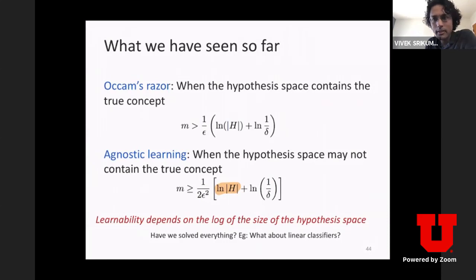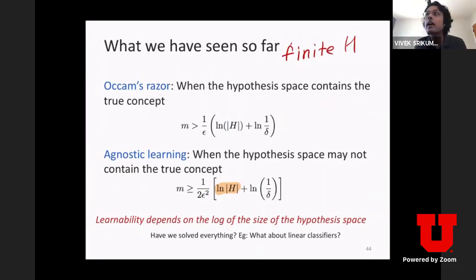So the question then is, have we solved everything? What about things like linear classifiers? Where do they fit? What we have seen so far does not even talk about this because we are only talking about finite hypothesis cases.